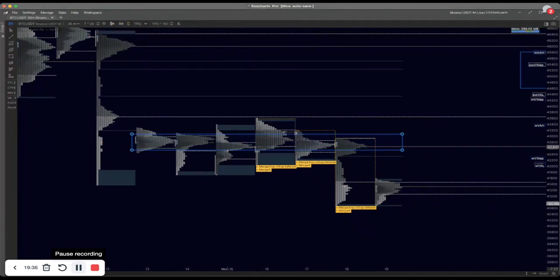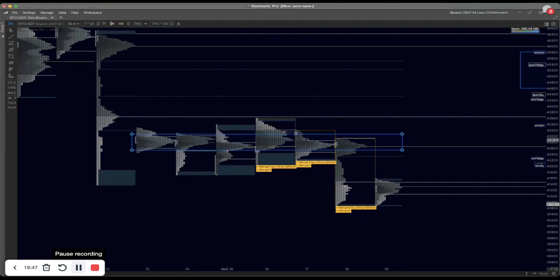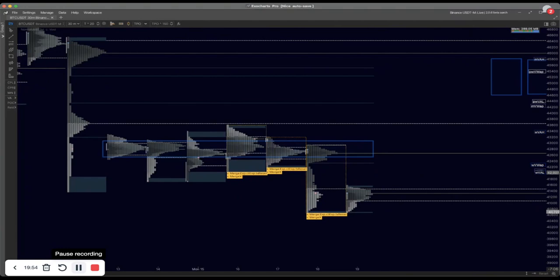In this case, this is a supply zone, right? Because we have our existing supply, we marked that on TradingView, and we also see there's distribution here, which means that there's consolidation, which means there is supply. Okay, so this is a valid supply zone.